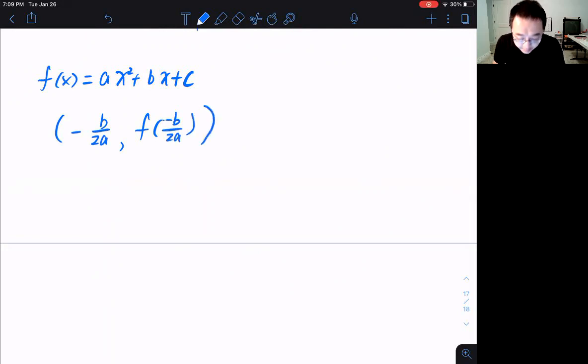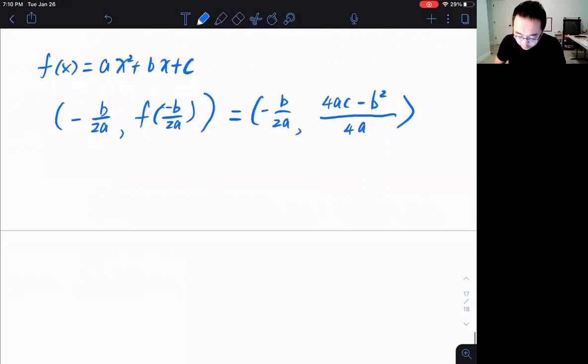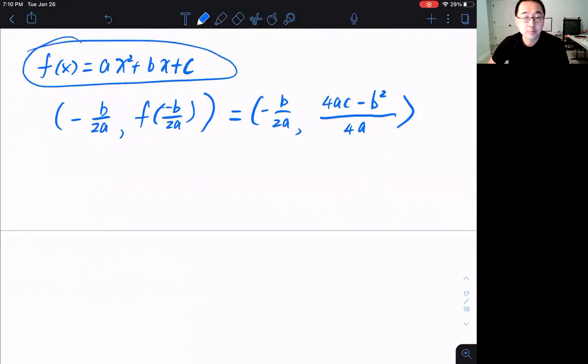And if you solve the f of x, then that's negative b divided by 2a, and then 4ac minus b squared divided by 4a. Okay, so this is always the vertex of a quadratic equation taking on this very general form. So if you can put your quadratic equation into this general form, then you can find its vertex by applying this rule right here.